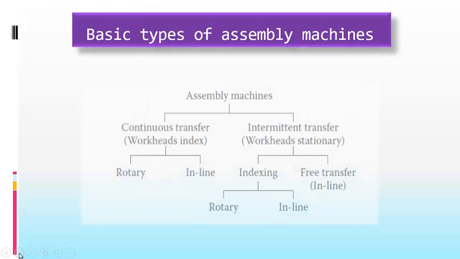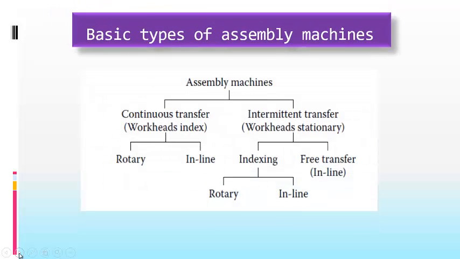Basic types of assembly machines, as I said, can be continuous transfer, and we talked about them. We said they are rarely used, but they are used in cosmetic, medicine and soft drink factories, where they fill bottles.